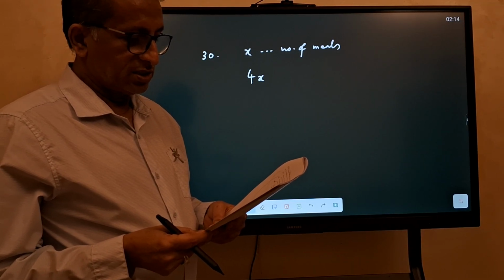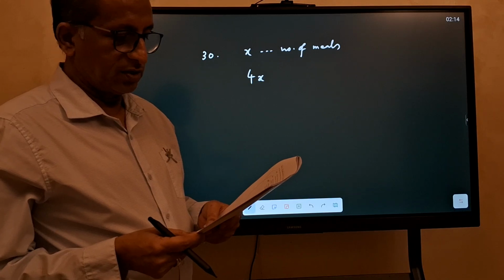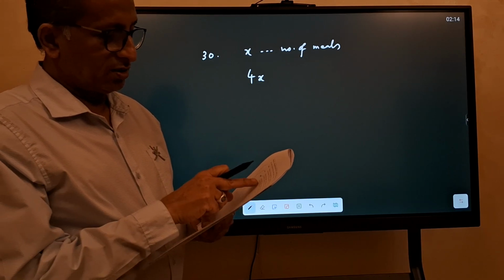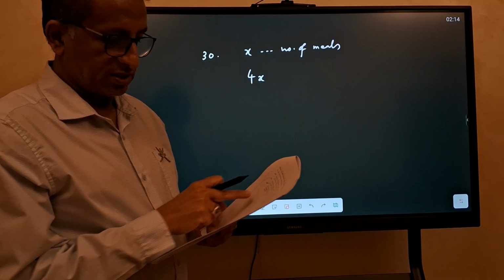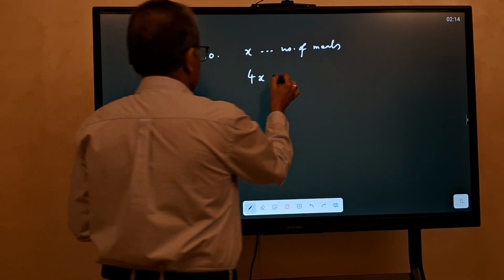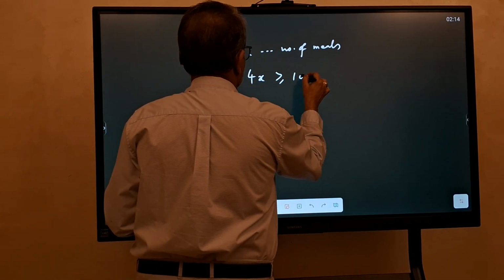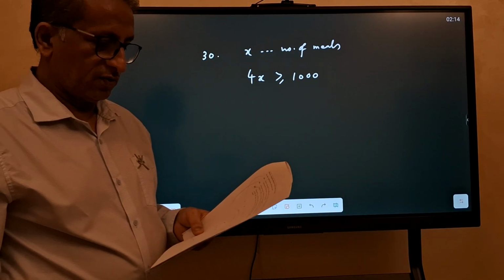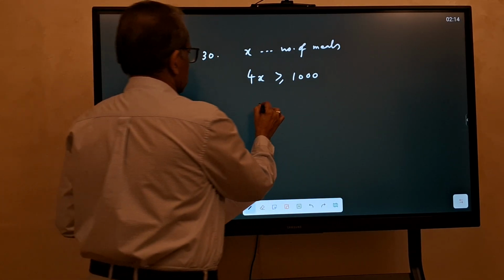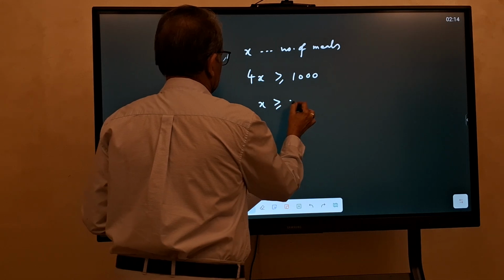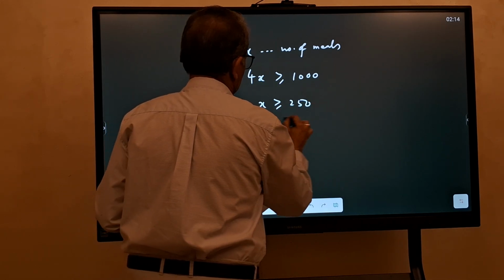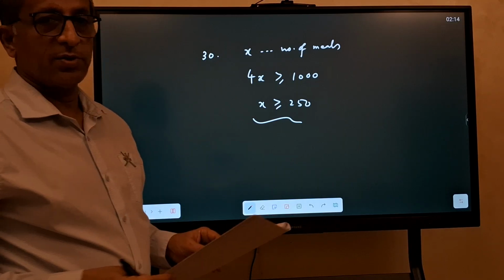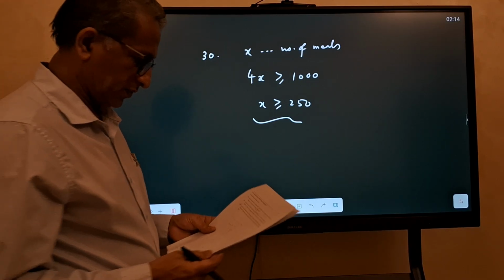How many meals must he sell in order to make profit of at least 600? So that means his cost is 400 plus 600, that is 1000. 4x is equal to 1000, then x is equal to 250. That is the number of meals it should sell is 250.